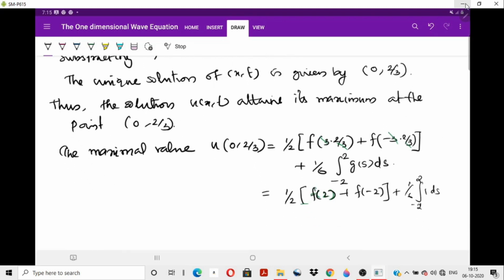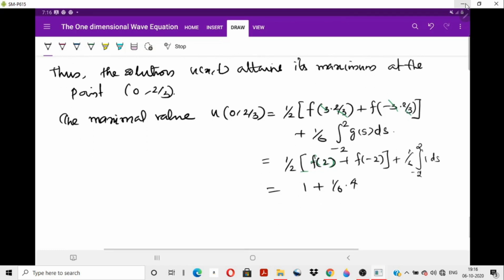Now f of 2 is 1, f of minus 2 is also 1, so this is 1 plus 1 by 6 into 4, so 1 plus 2 by 3, that is 5 by 3.